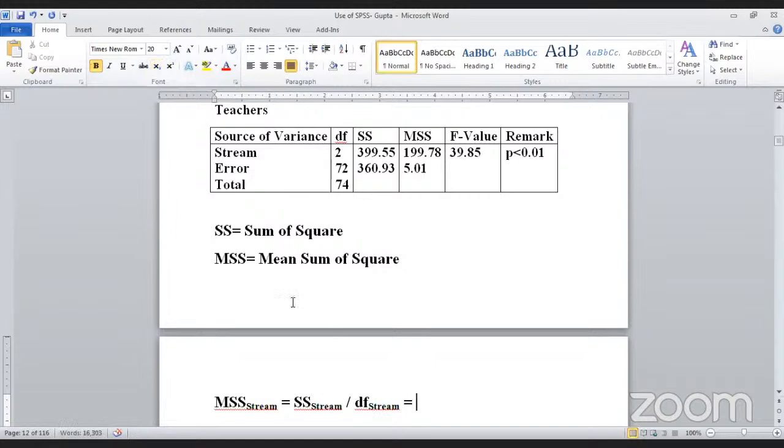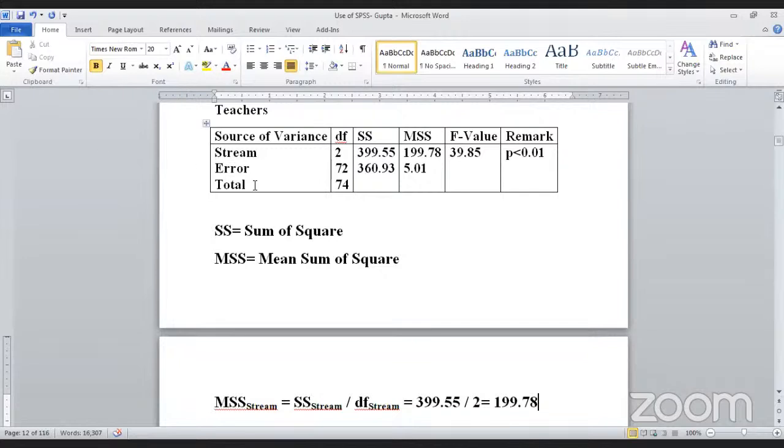And you know the SS for stream is 399.55, and this has to be divided by 2. If you divide it by 2, it will be 199.78. This is how this value has come.